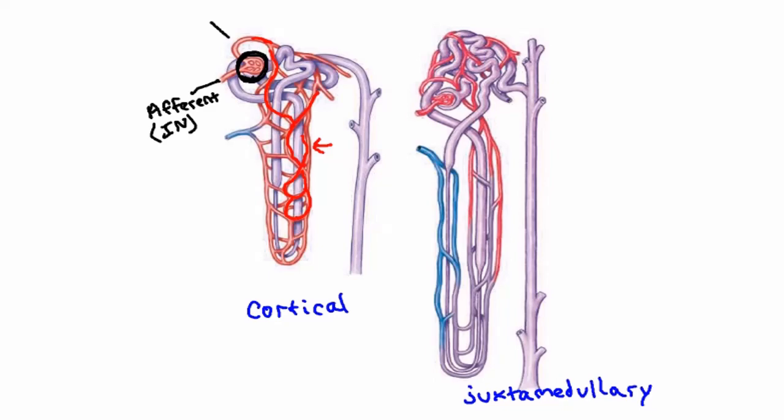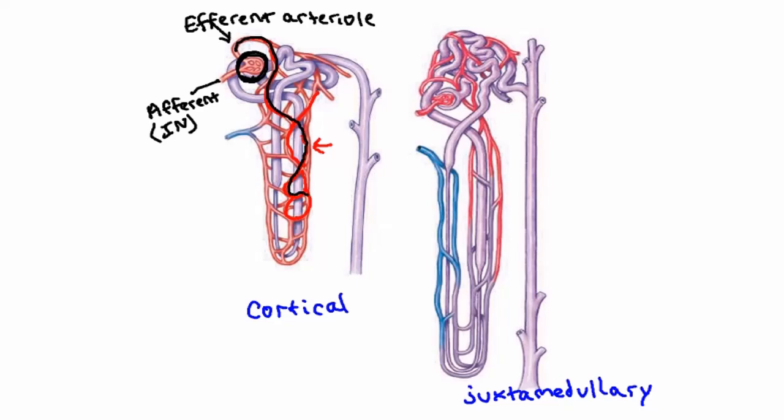And then here is the efferent arteriole. And when that blood supply leaves, these are arterioles, which are small arteries. That leaves, and that bends around and starts going down and wrapping all the way around this loop of Henle.